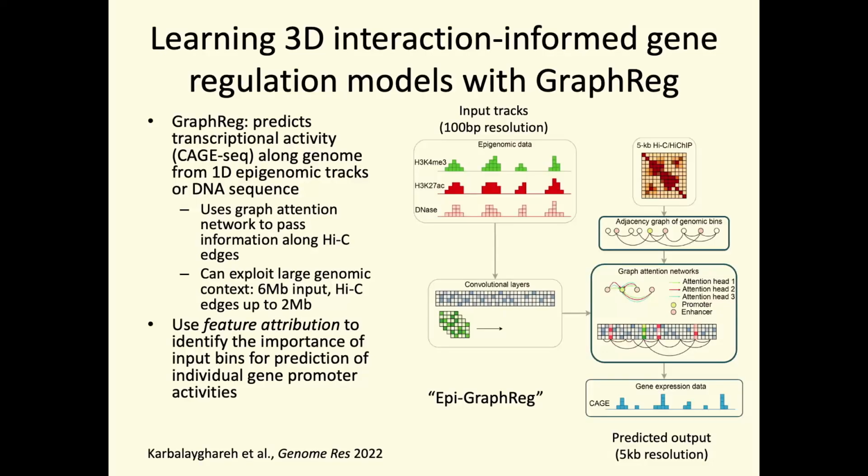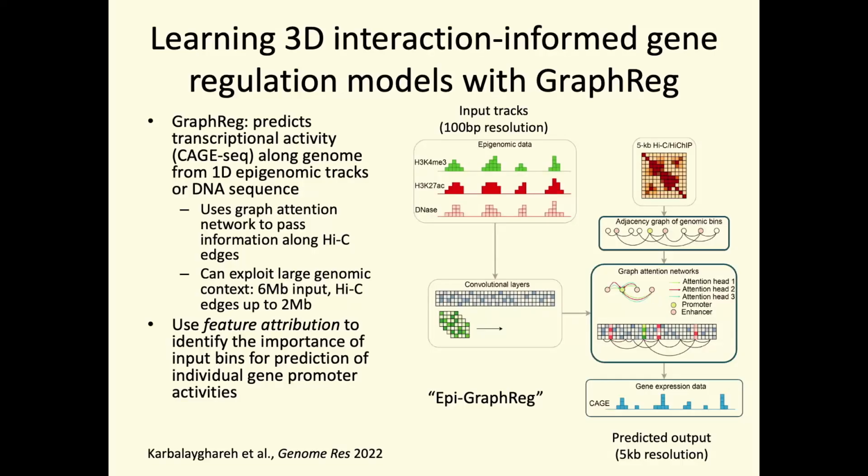So the edges are 3D contacts, right? So we think of the genome as a graph, and then we want to pass information along those edges between enhancers and promoters, and supervise to predict gene expression.